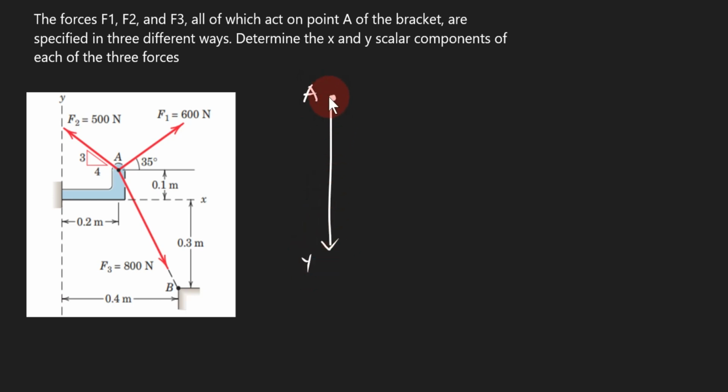We have F3 being applied somewhere here. So this is F3, and that's equal to 800 Newton. So what you need to do is to calculate this angle here, which I name theta.